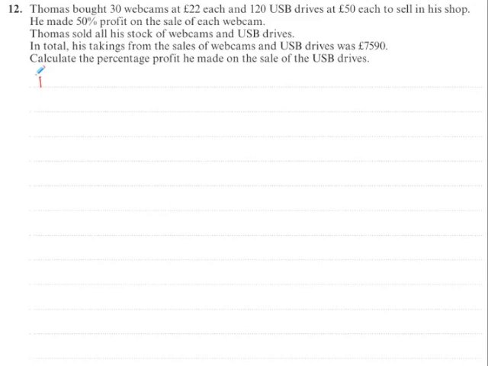So profit on a webcam is equal to, and as I say, we're going to calculate this very simply, 50 over 100 times 22. So 50 goes in there twice, 2 goes in there 11, so we've got the answer £11.